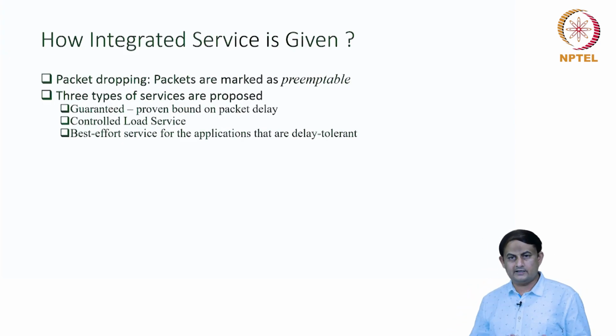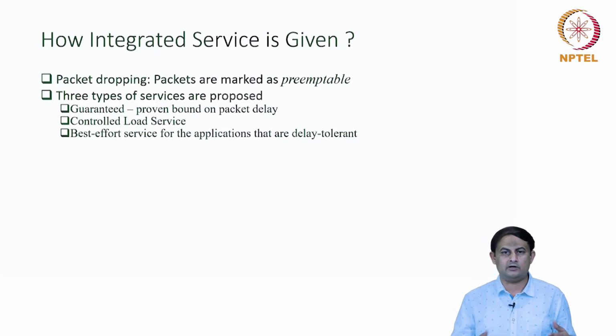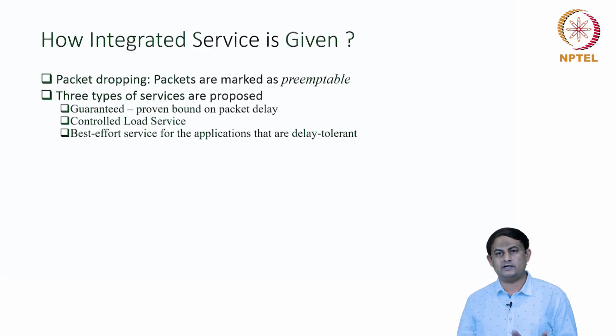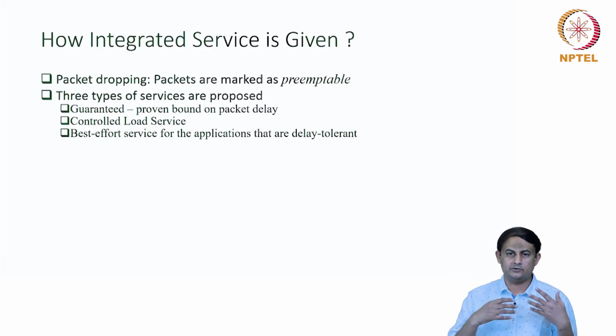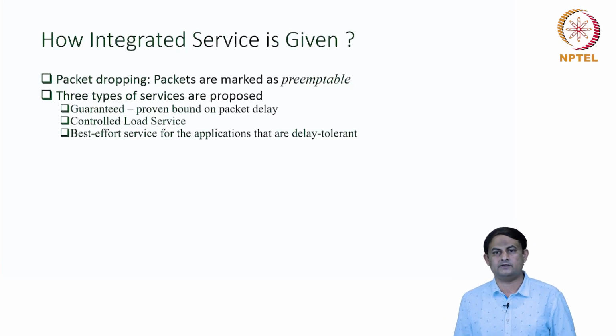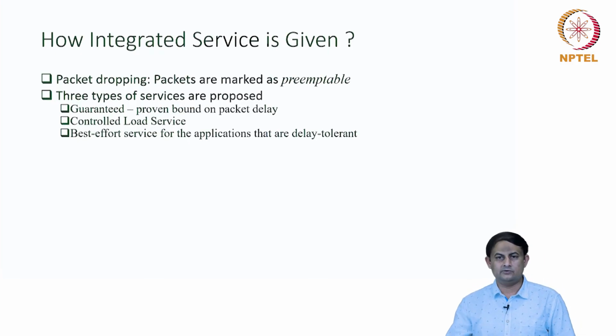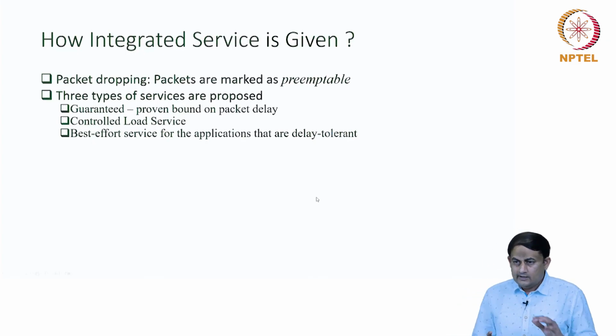And the third category of the service model is really not for real-time applications. It is the default service that IP offers. It just utilizes the best effort service and then transmits the data. So there is no differentiation or any kind of guarantee given to this service model.